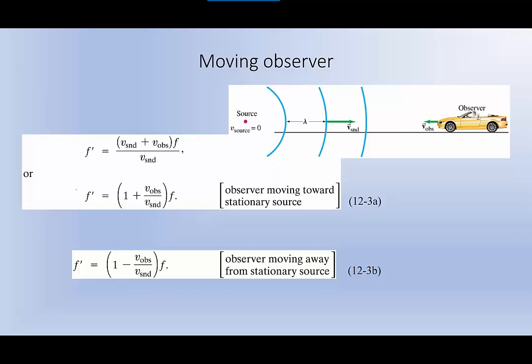If the observer is moving towards the stationary source, then we have 1 plus v observer over v sound times the frequency. And if they are moving away, then we have 1 minus the velocity of the observer over the velocity of sound times the frequency.